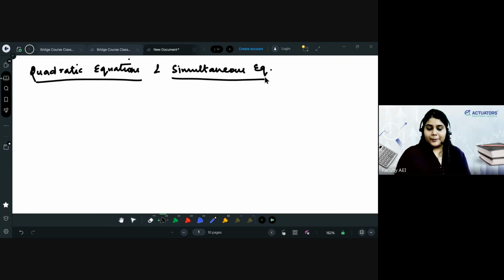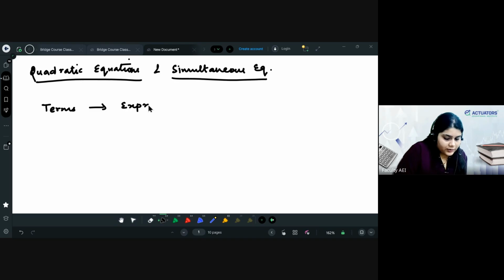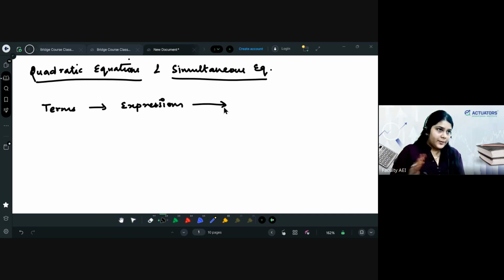So multiple terms make up expressions like polynomials. And when we equate two expressions to each other, when we have a left hand side and a right hand side that are equal to each other, then they are called equations.